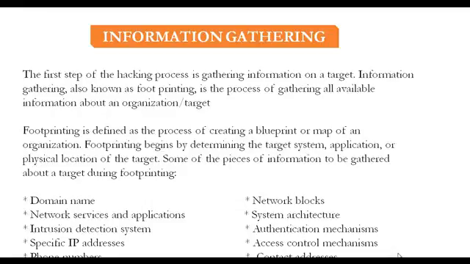Some of the pieces of information to be gathered about a target during footprinting are the domain name, network services and applications, whether it is having any intrusion detection system, what are the IP addresses that are related to the target, any phone numbers if possible, network blocks, what is the system architecture that they are using, and authentication mechanisms that they are following, access control mechanisms, and contact addresses. These are the few pieces of information that we need to gather in the information gathering step.